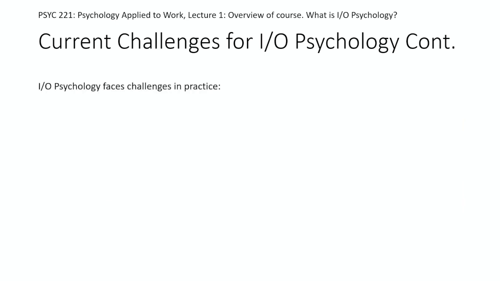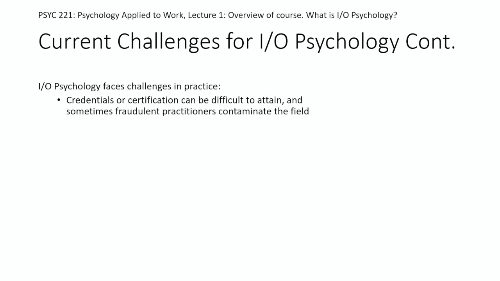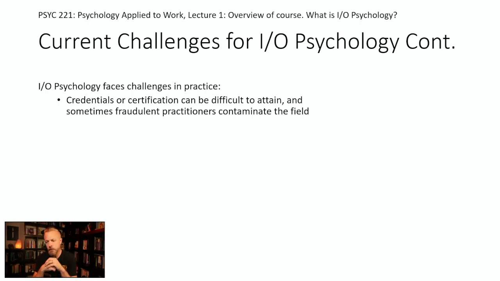So some other challenges. This is kind of related to being an IO psychologist. There are some challenges in the workplace, and one of them is, as I mentioned, it's typically expected that you're going to have a credential, at least a master's degree, and one of the reasons for that is that everybody's a psychologist at some level. There's a thing called folk psychology, which is everybody's working mental model of people.